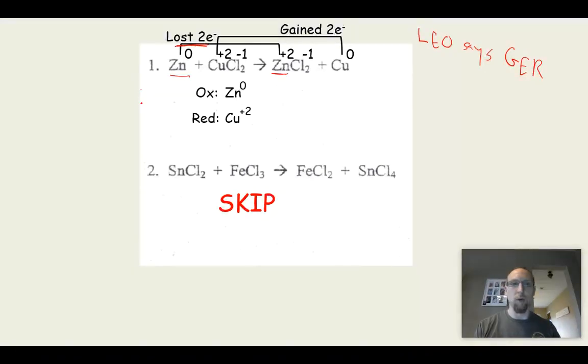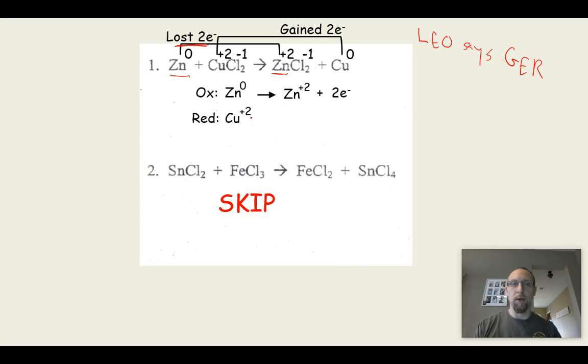So zinc 0 becomes zinc +2. So you're pulling them right down. So they're staying on the same side of the arrow as they are in the original equation. Zinc 0 on the left, zinc +2 on the right. And now we're just adding in the electrons. So we're losing, so electrons are leaving, so they go on the right. So those 2 electrons go on the right.